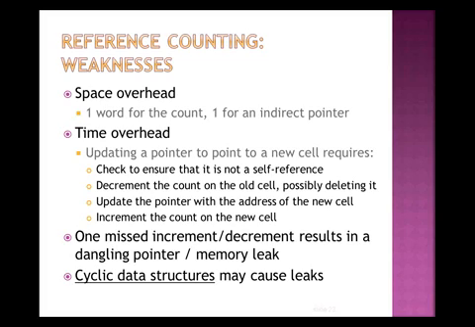Then spatial locality of reference is good. These are the strengths or advantages that we studied in the last class: spatial locality, it can coexist, it is easy to implement, and it can reuse free cells immediately. If there is any free block, it can use the free cells automatically or immediately.